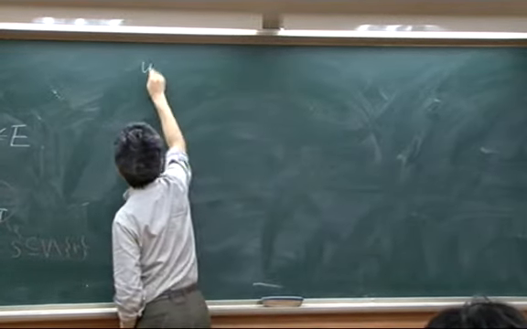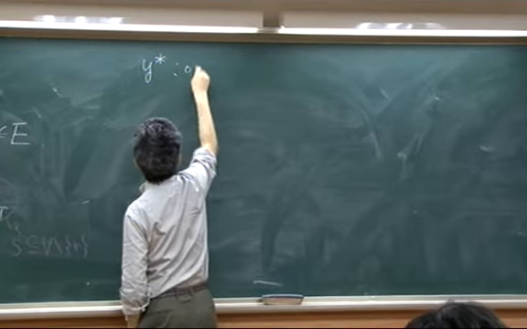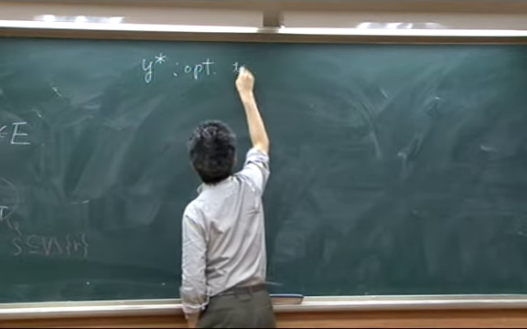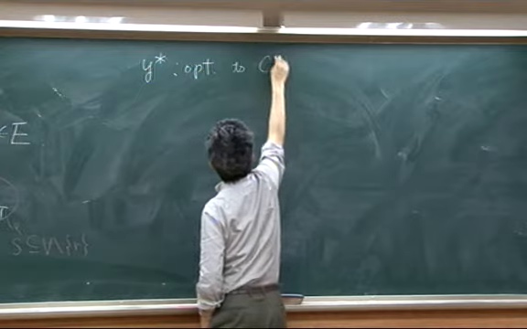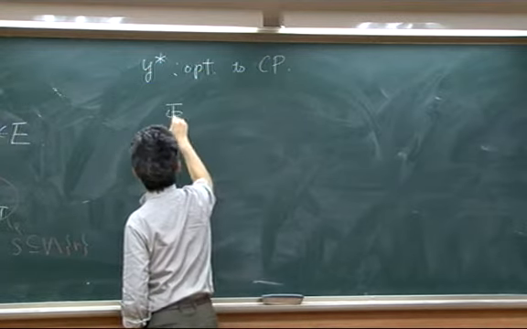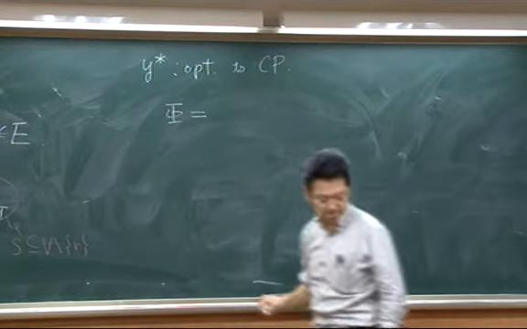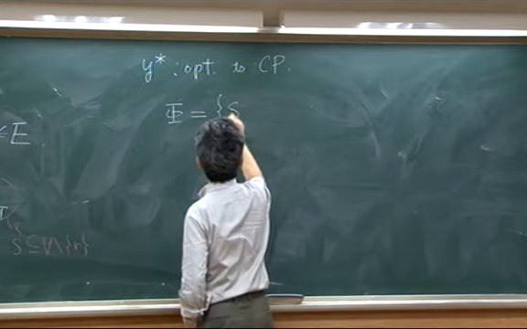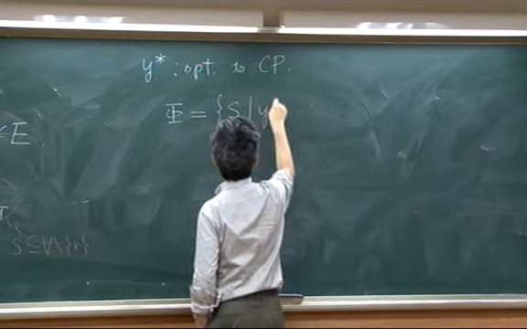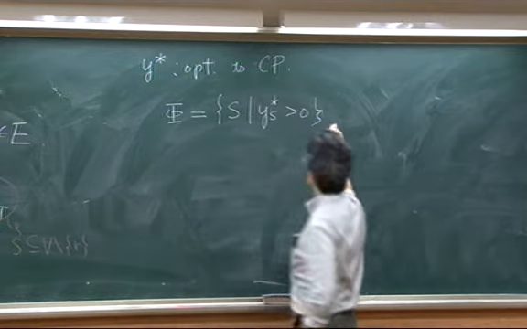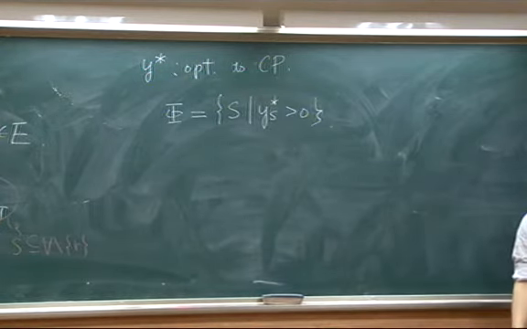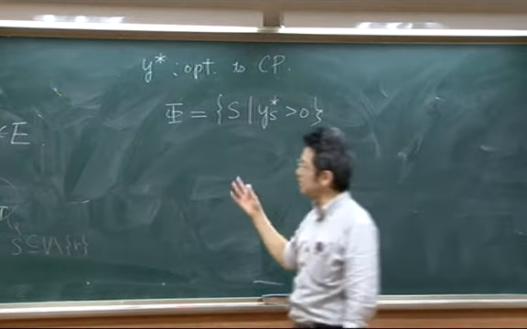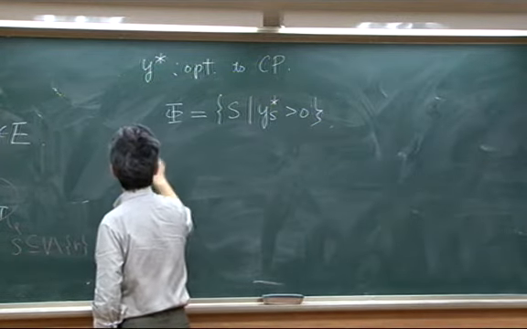Now suppose Y star is the optimal solution to CP, and I write psi to be the set of S where Y star has a positive value.